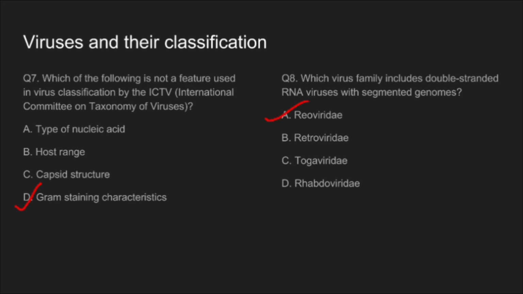Now you have to write in the comment box one example of Reoviridae. Reoviridae possess a double-stranded segmented RNA genome that is enclosed in an icosahedral capsid. So write down in the comment box an example of Reoviridae.